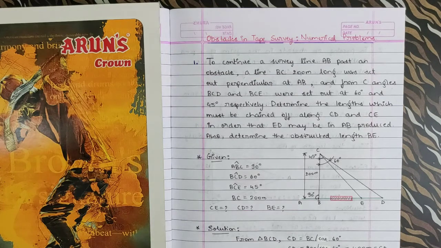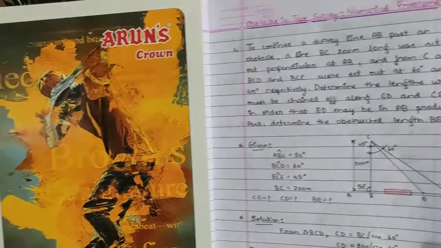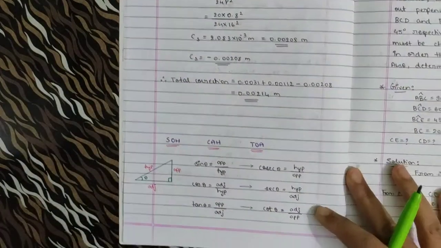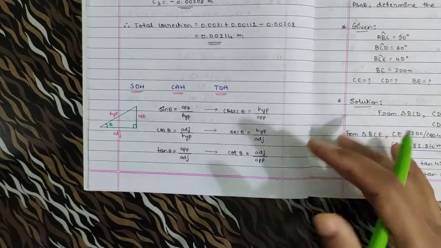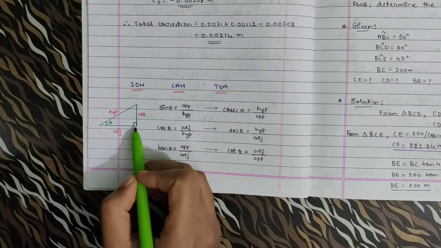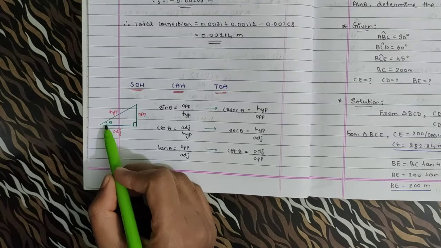Before getting into the problem directly, we shall also brush up on the trigonometric ratios, that is sin theta, cos theta and tan theta. Here I have already written one right angle triangle with 90 degree, then we have a theta.